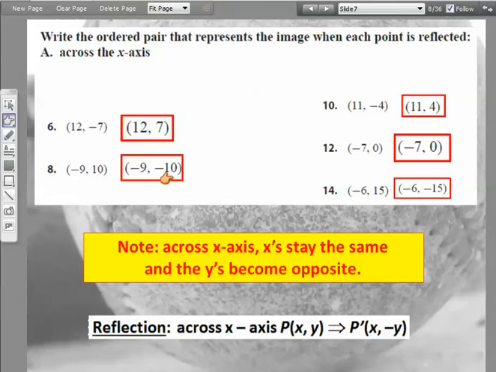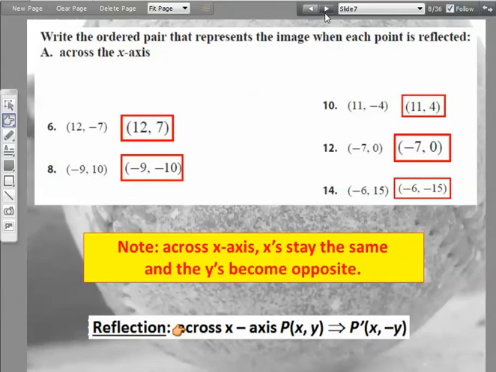The y's became the opposite sign. And again 0 stays the same. And then 15 to a -15. I put down here, note that when you go across the x-axis, the x's stay the same and the y's become opposite. It only works when you're going across the x-axis.